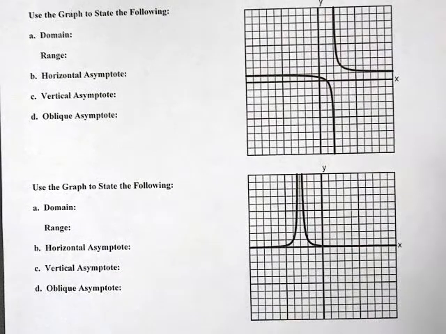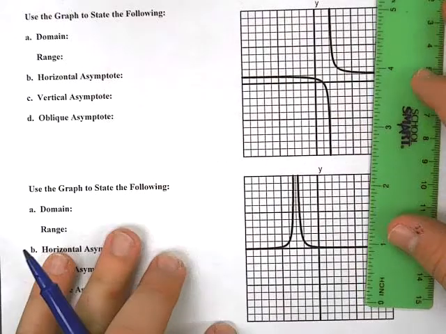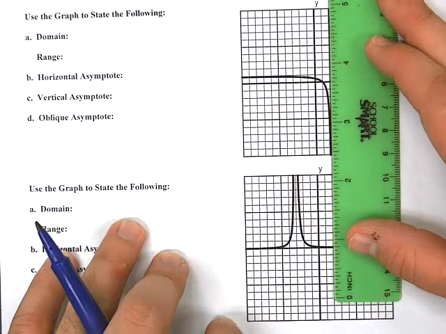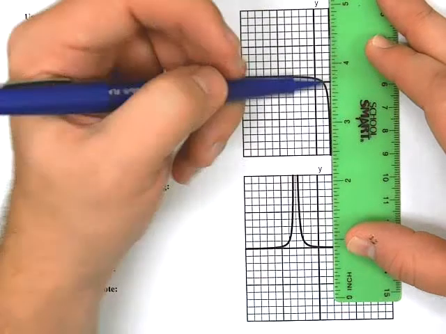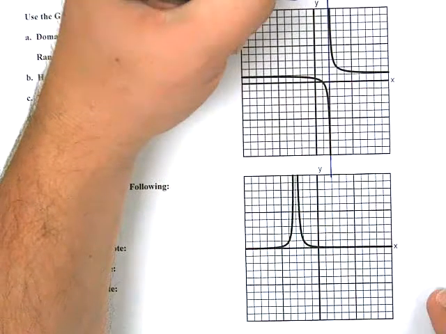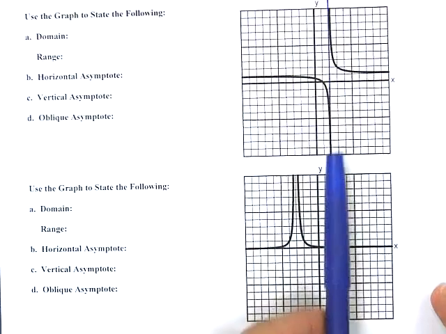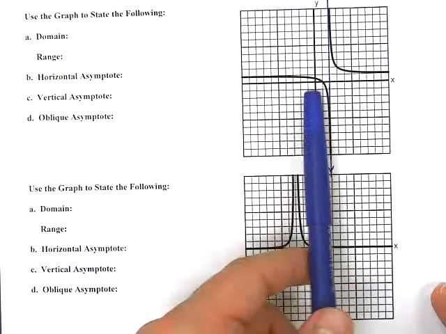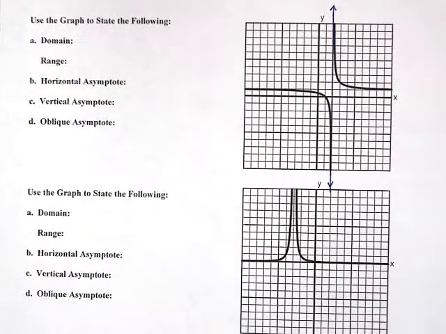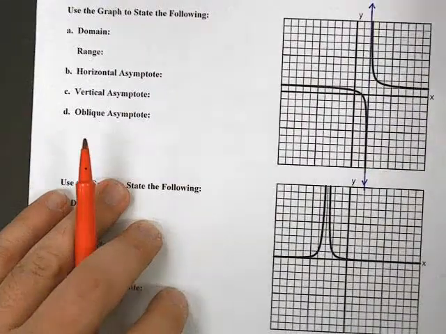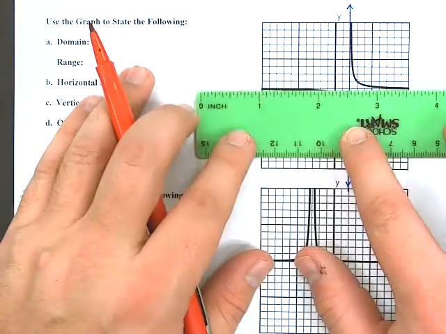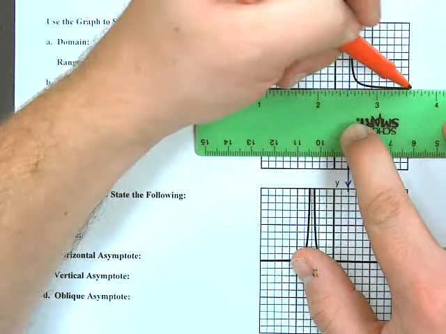The graphs aren't the best just because the software we used really darkens the lines, but you can see that there is a vertical asymptote right there at x equals 2. Sorry, I'm a little bit off. That's a little better. And I also can see that I have a horizontal asymptote right about there.